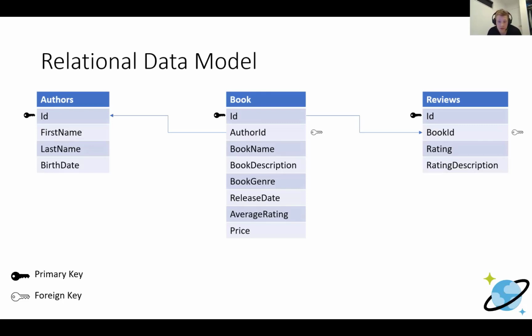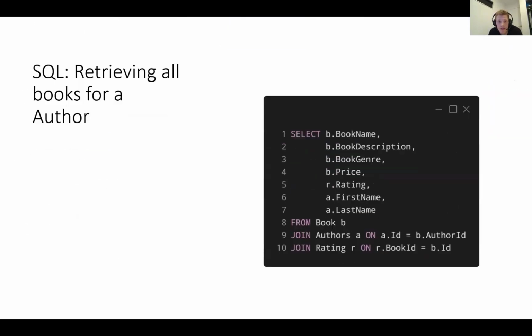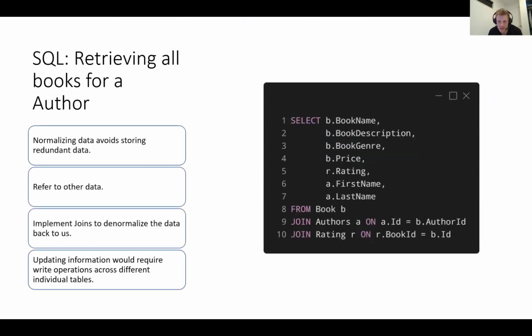For example, if we wanted to retrieve all the books that were written by a particular author, we would have to write a SQL query, essentially get a book for the associated author, along with the ratings and the books that they've written. We need to use elaborate joins to denormalize the data and bring that data back whenever we want to see it. And alternatively, if we wanted to update all of this information, that would require us to perform multiple write operations across different tables.